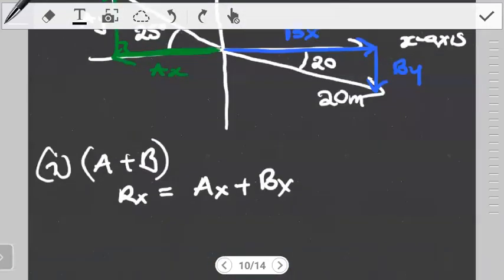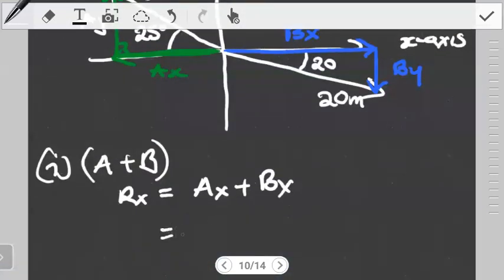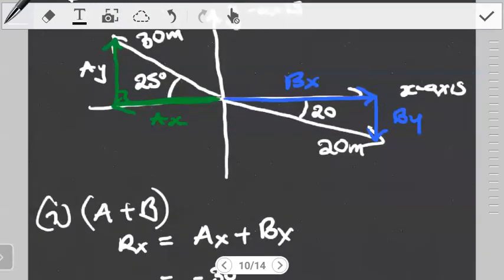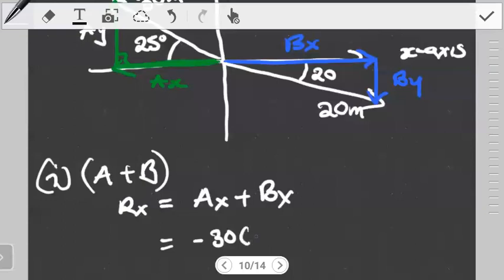Okay, if I do that, notice that in the first case it is negative 30 cos 25, plus the x component of B, which is 20 cos 20.